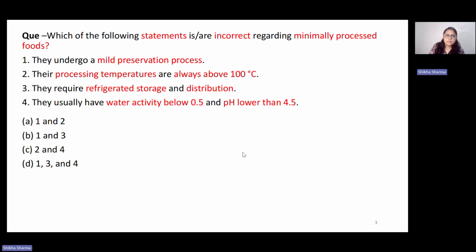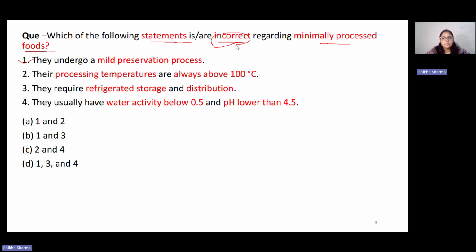So the first question for this class is a concept-based question. Which of the following statements are incorrect regarding minimally processed foods? There are 4 statements about minimally processed food products, and we need to tell which one is the incorrect one here.